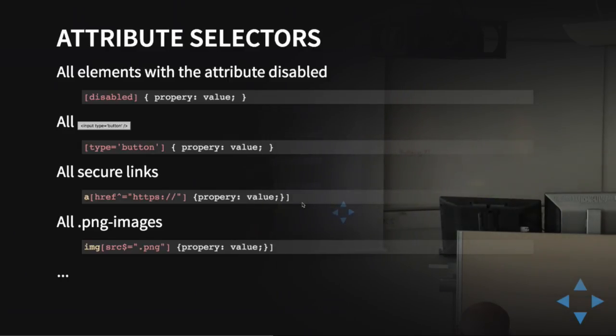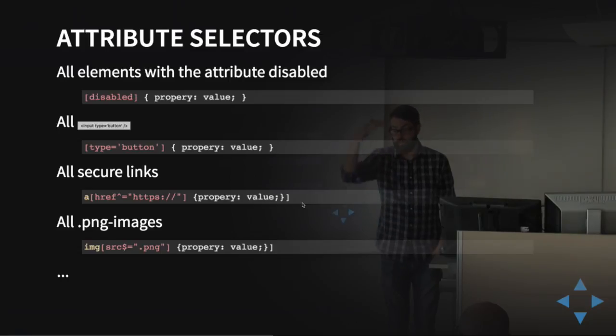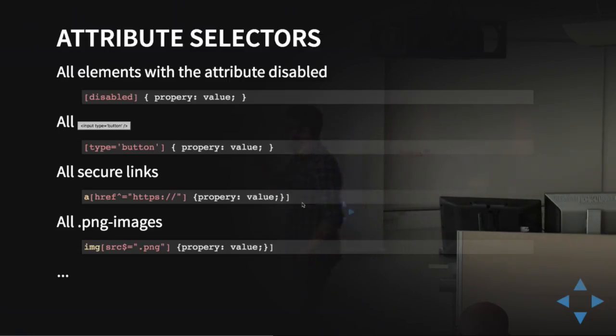So we can use this bracket notation to find all elements that have the attribute disabled. So you can see if you have any disabled elements on your page, or at least if they have the attribute disabled set to something.